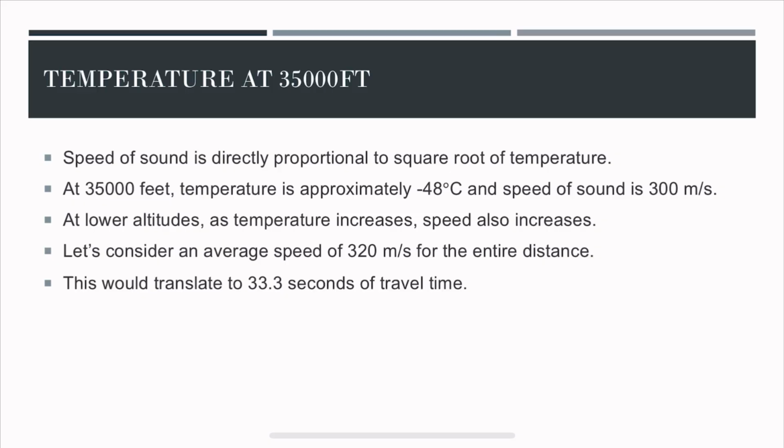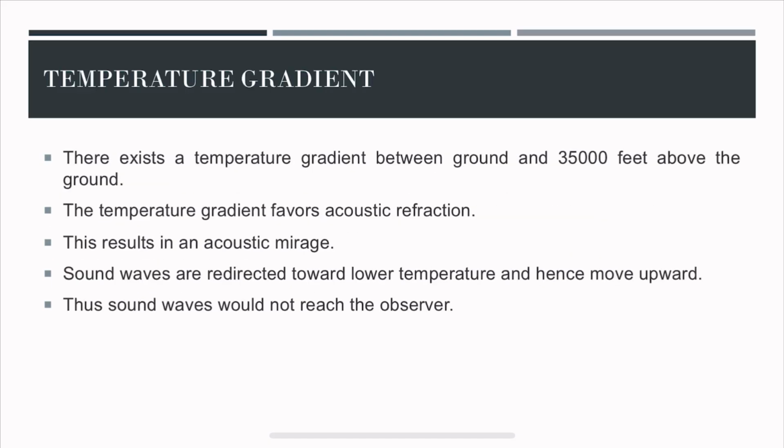We'll consider an average speed of 320 meters per second for the entire distance, and that translates to approximately 33.3 seconds of travel time. So it has only increased by 2 seconds, but this is a phenomenon that exists. Even if the plane emits sound, it'll take 33 seconds to reach the observer.